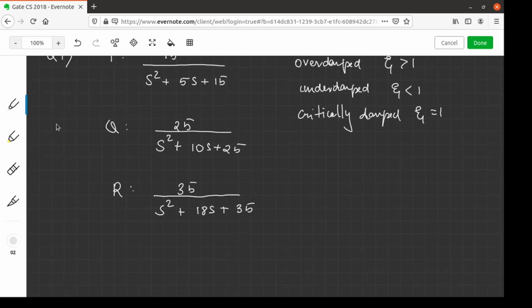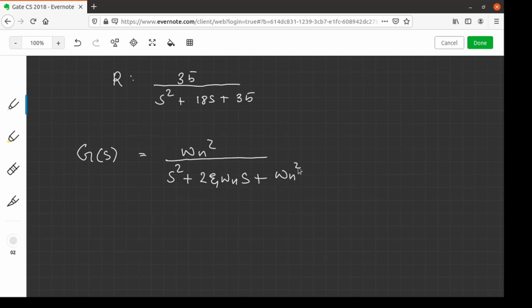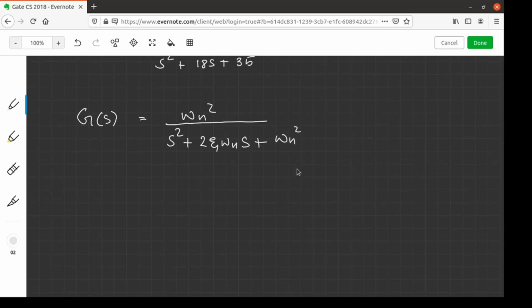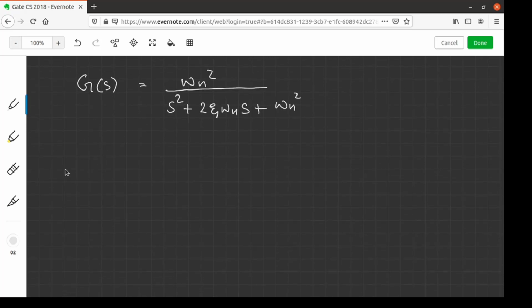So the general form of a second order transfer function is G(s) equals omega n squared divided by s squared plus 2 zeta omega n s plus omega n squared. So we can find zeta and omega n from the above transfer function. I'll just write down the characteristic equation of each system.